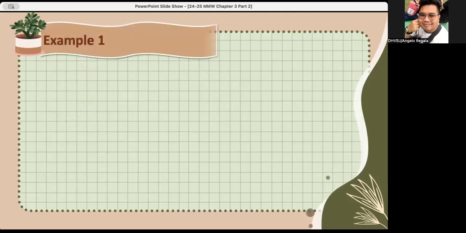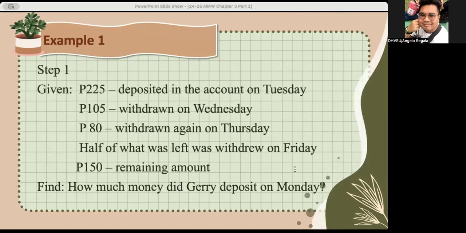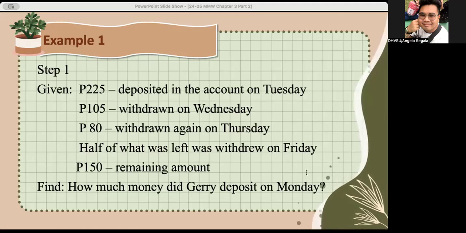So ang sabi sa problem is, at the end of Friday, merong natirang 150 pesos si Jerry. Now, ang tinatanong dito is magkano yung dineposit niya nung Monday.